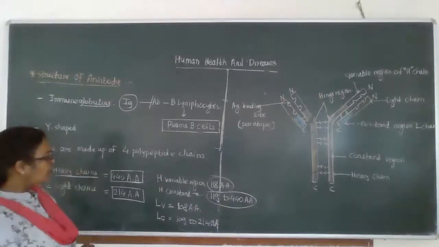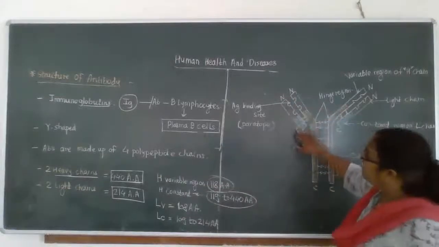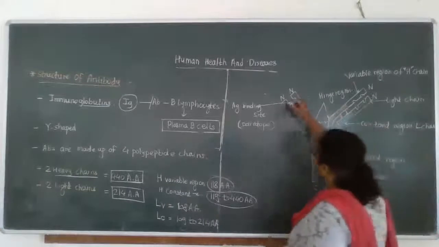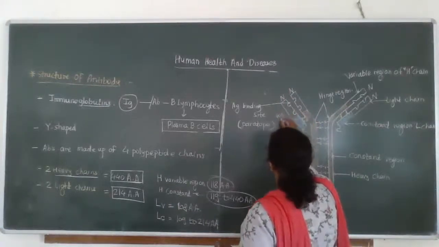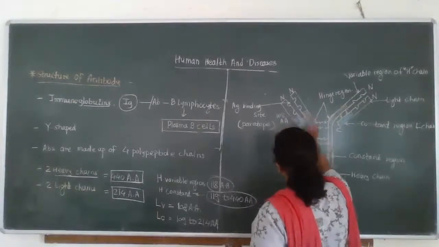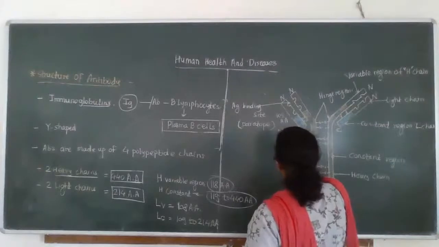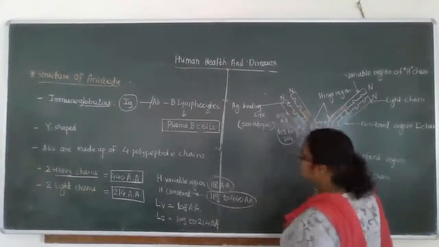Listen here. The light chain is made up of 214 amino acids in total. The variable region is 108 amino acids, and the constant region is 109 to 214 amino acids.